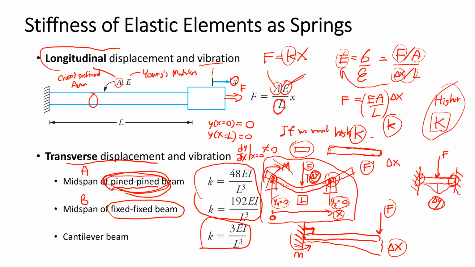We can have bigger delta y for the pin case. When we can have bigger y with the same magnitude of force, it means pin gives lower stiffness compared to the fixed case. If you review the mechanics of materials, we can see this.